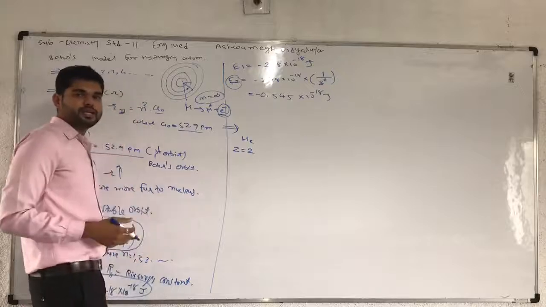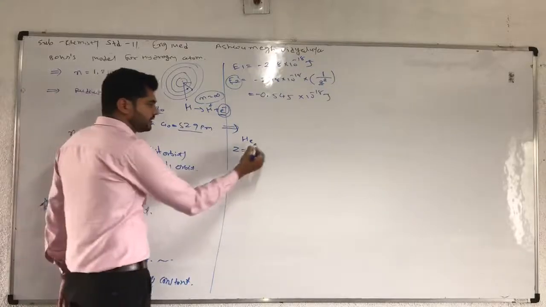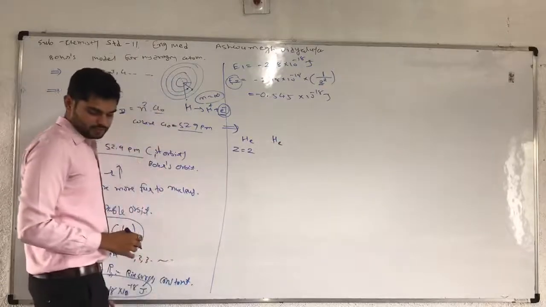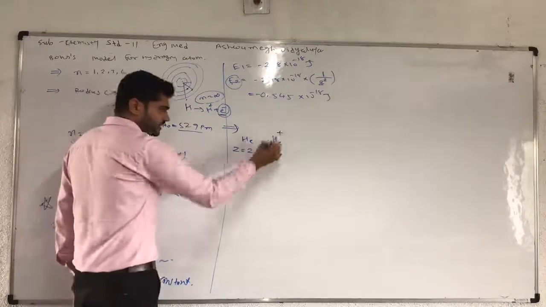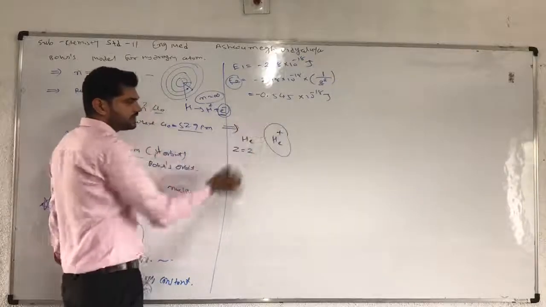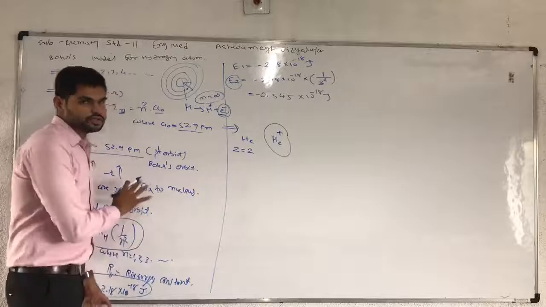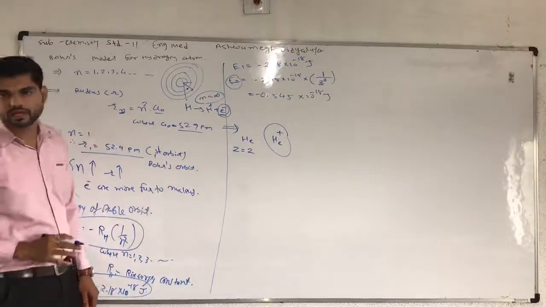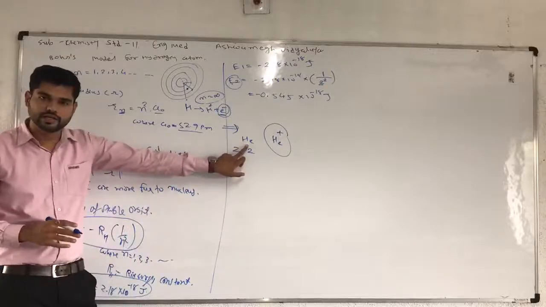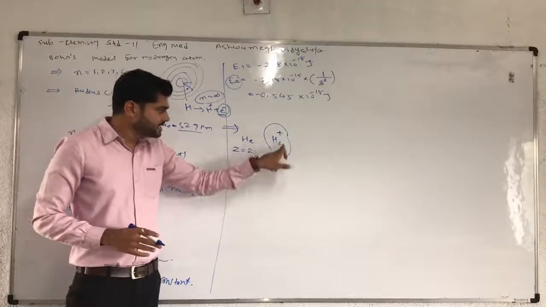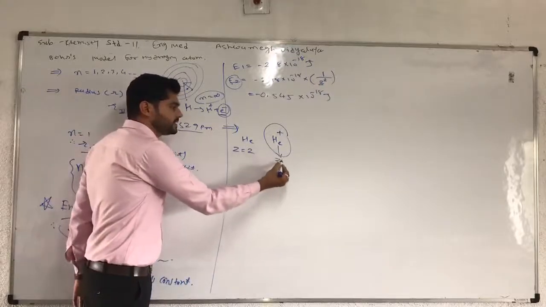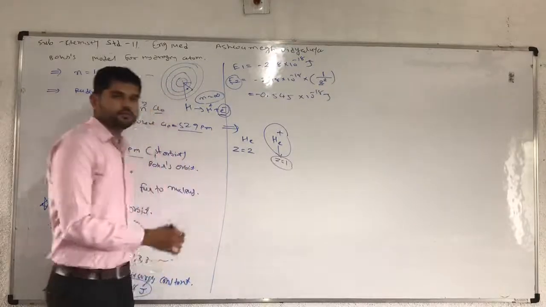Similar to the hydrogen electronic configuration, helium can be written as He plus, where one electron is lost. This concept does not apply for helium but applies for He plus.